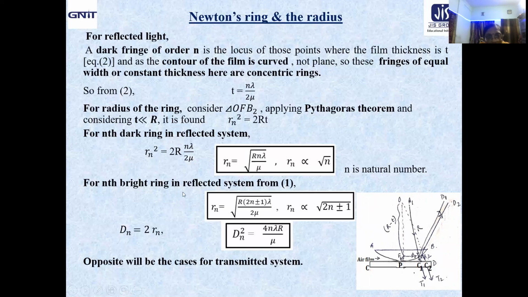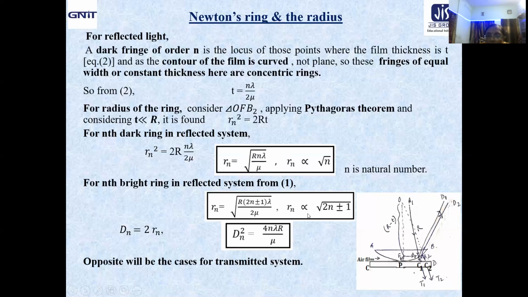For the nth bright ring in the reflected system, what will happen? So this nλ will be replaced by (2n plus minus 1) λ by 2. That is from condition 1. We used condition 2 to get the dark ring. And here, if you use condition 1 for the bright ring, that is the maximum, you will get Rn equals square root of R into (2n plus minus 1) λ by twice μ.